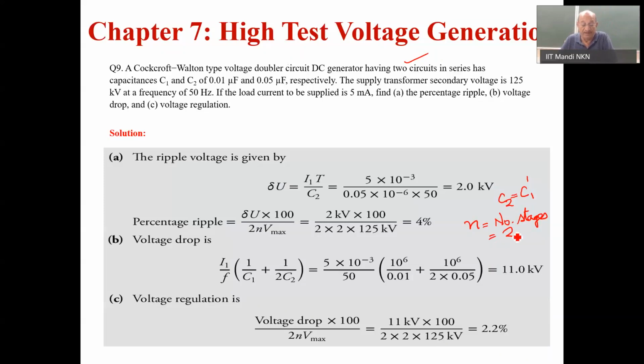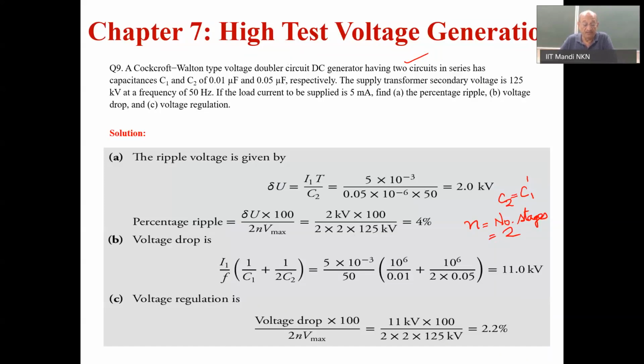If you take both voltages in RMS value, the percentage ripple works out correctly, because there is U in the numerator and U in the denominator also.